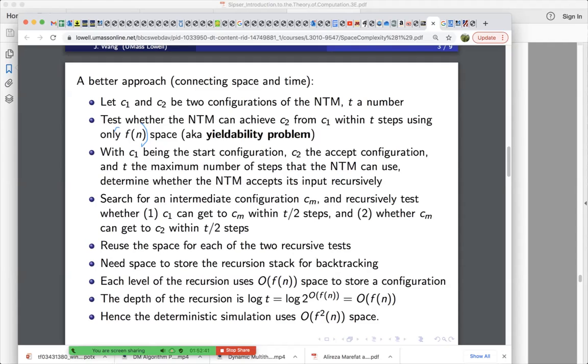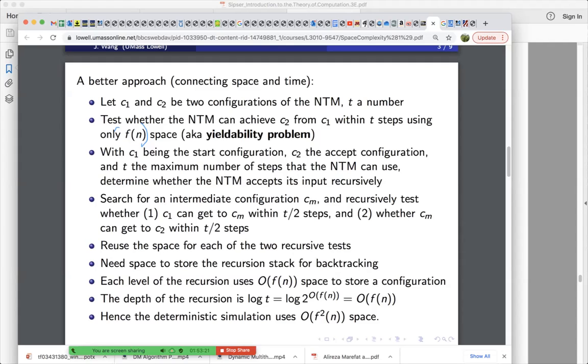So that's how we connect time to space. By using this, it becomes possible to look at the simulation of a non-deterministic space computation from a different angle, using deterministic space computation, but only gaining quadratically more space.